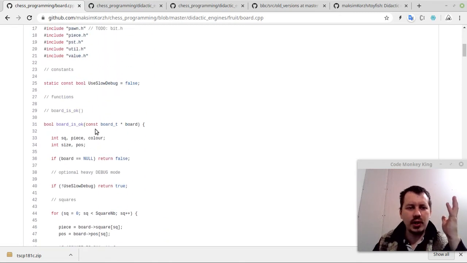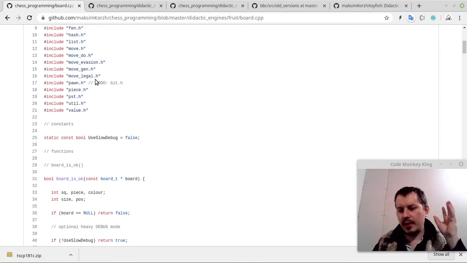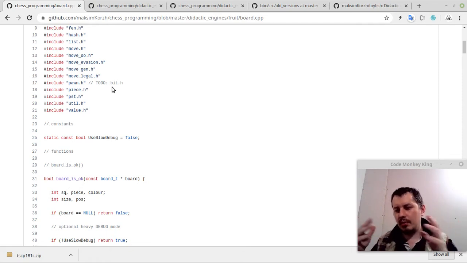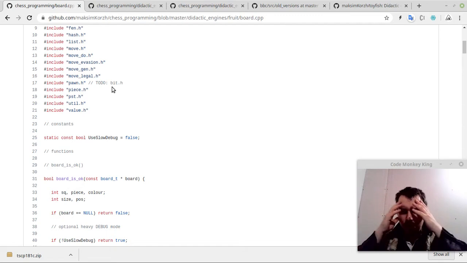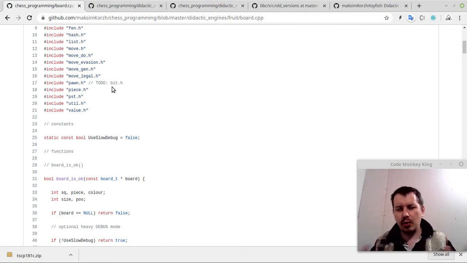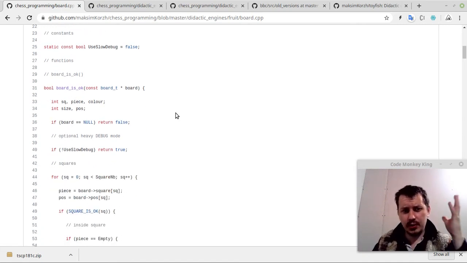For instance, in Stockfish, you remember we have the board, the position structure, and also the state. So it was separated into two, and when it comes to incremental updates during make move and unmake move, it just gets completely overwhelming. I didn't even show you that because they're just horrible. In Fruit, it's much easier.